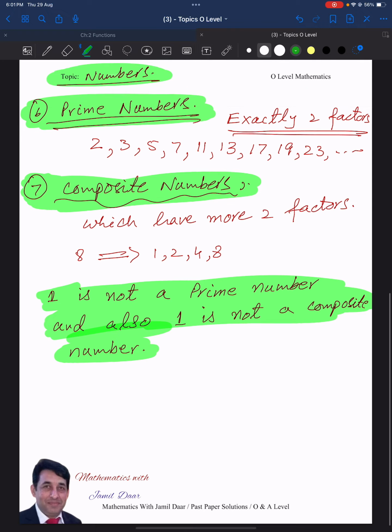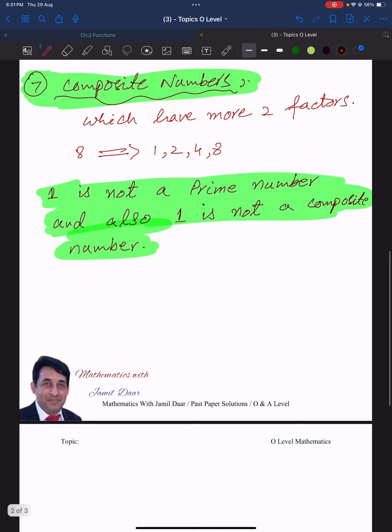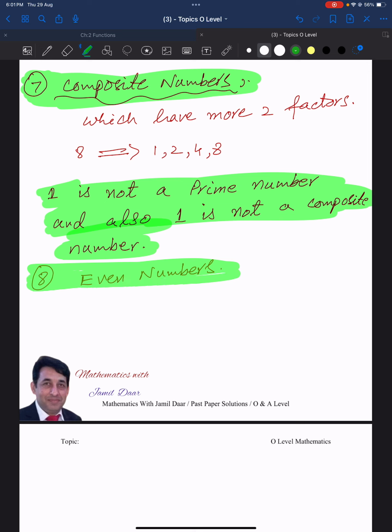Okay, next, this is 8. So 8th type is even numbers. Okay, what are the even numbers? The numbers which are divisible by 2.